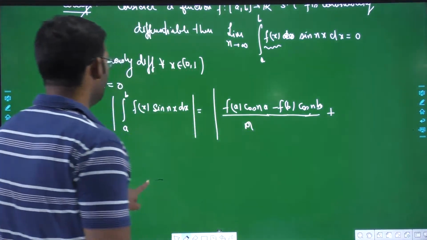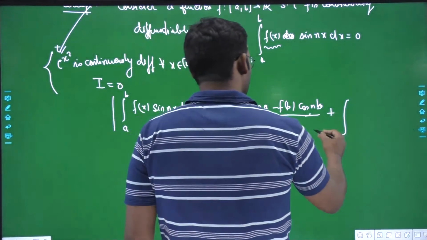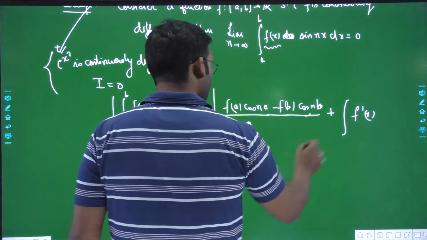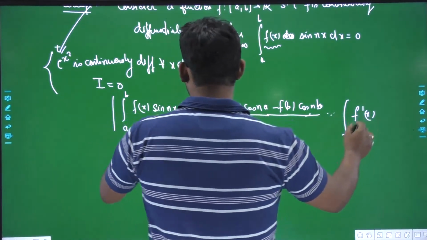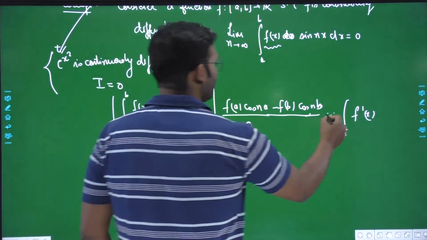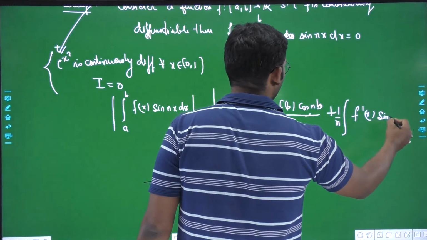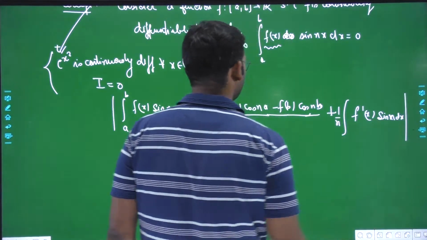plus, I think, integral of the derivative of this. Sorry, here we get a minus, but then sine of nx while integrating we will get a plus. So I'll write 1 upon n into sine of nx.